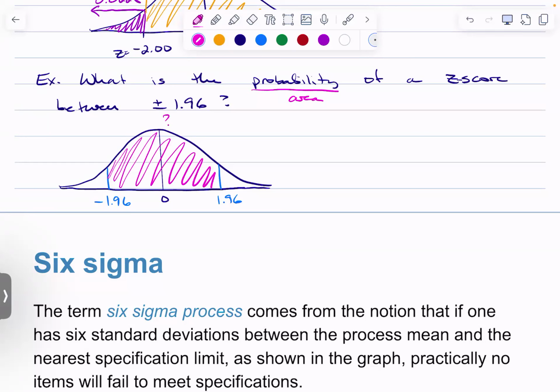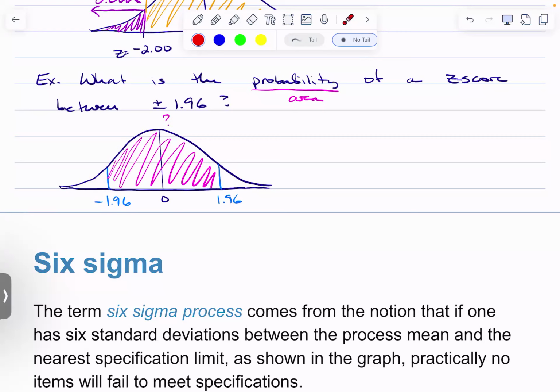Because if I remember that the total area is 1, what if I find this area, lob it off from 1, and then I have the area I want? It's going to work like that. You'll be able to cut pieces out that you don't want, add pieces together if you want to do that.